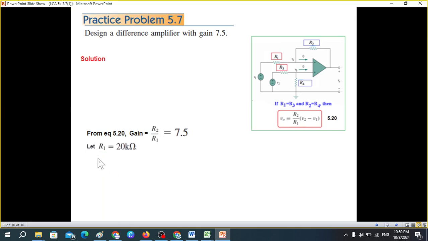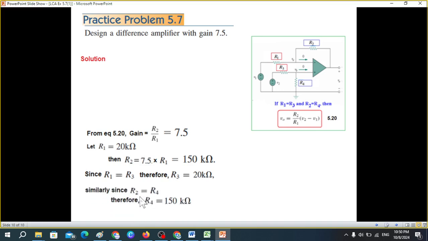So from here, if we take R1 to be 20 kilo, then R2 will be 7.5 into R1, which will be 7.5 into 20 is equal to 150 kilo. Similarly, since R1 is equal to R3, therefore we can say that R3 is also 20 kilo.